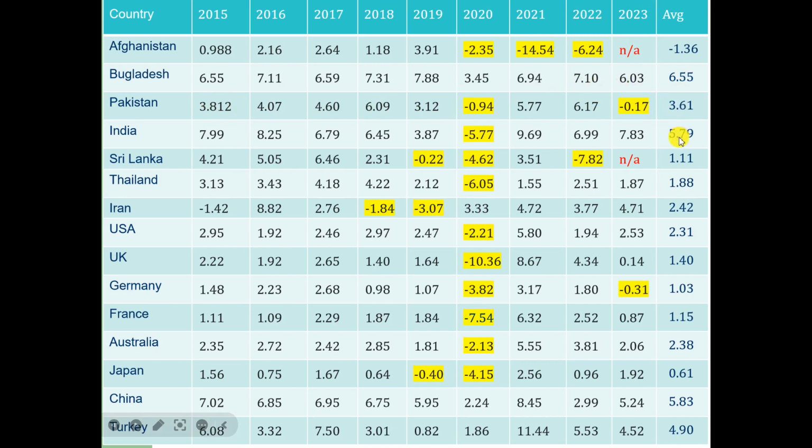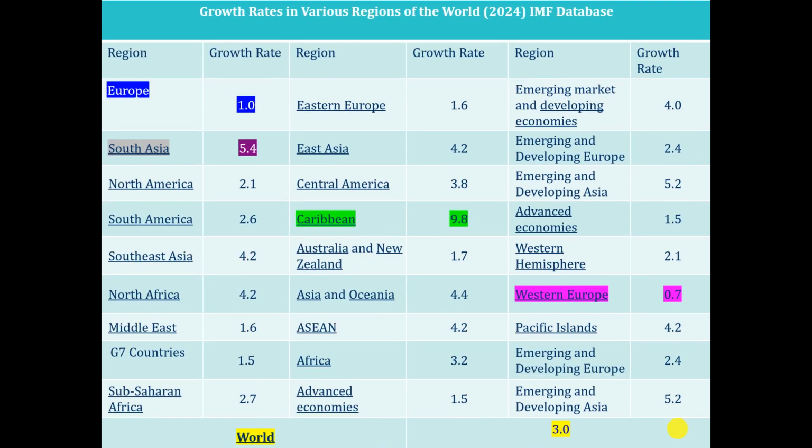For India, this average rate is 5.79, and these are the growth rates for other countries. For China, this is 5.83, and for Turkey, this is 4.90.